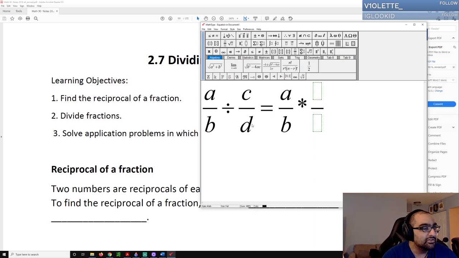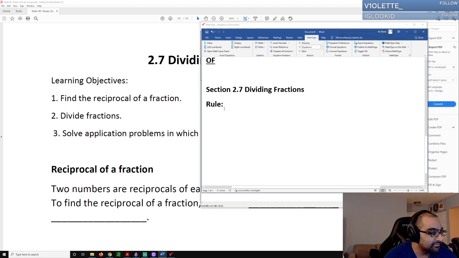The consequence is that the second fraction, the c over d, will flip over. So we'll have d over c instead. So this is the rule that we have here.